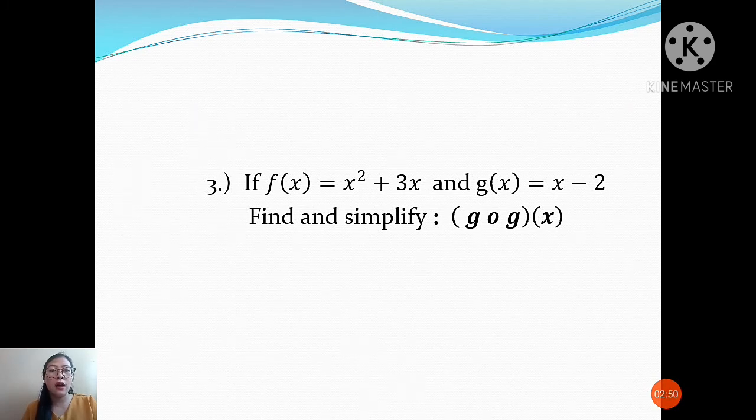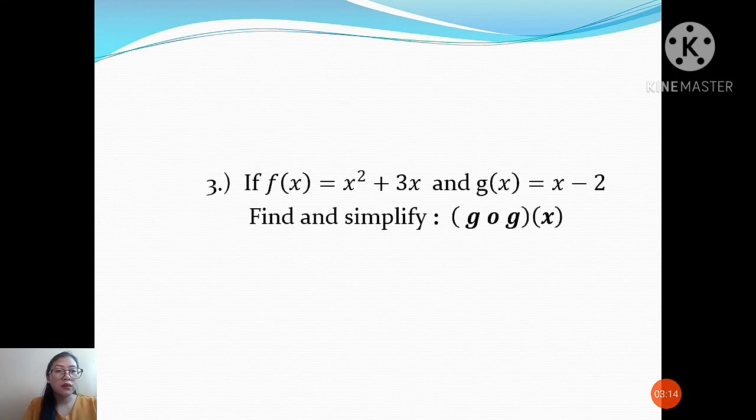Again, you have to write the main function, then substitute the input function. Then after that, substitute the given function for the input function. Then you can now simplify or solve. Next is combining like terms to get the final answer.